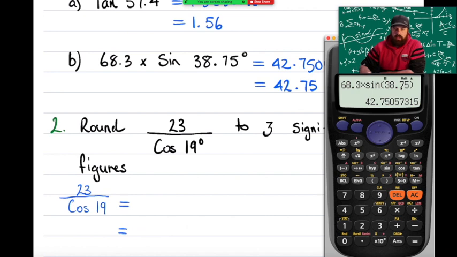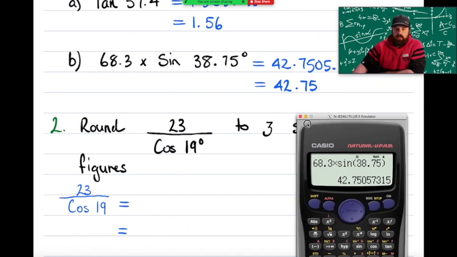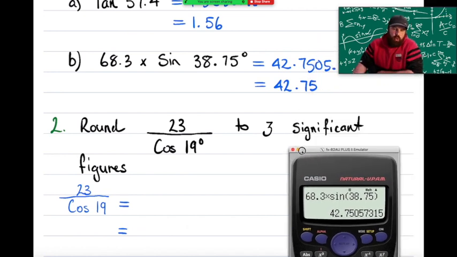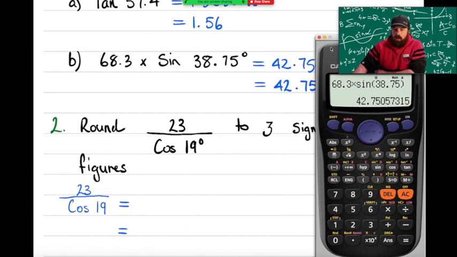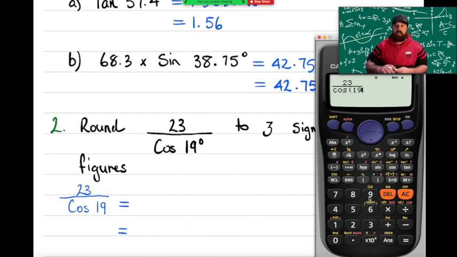Alright, moving on to example 2. I'll just move the calculator out of the way quickly so we can see what it says. It says round 23 over cos of 19 degrees to 3 significant figures. So clearing my display, pressing my fraction, 23, arrowing down, cos of 19. If I was to press equals right now, I get syntax error.